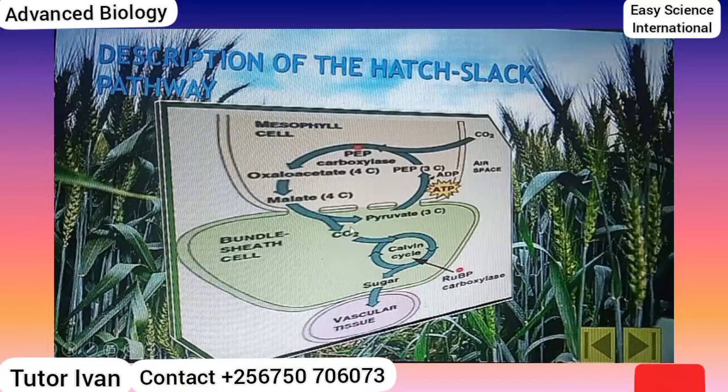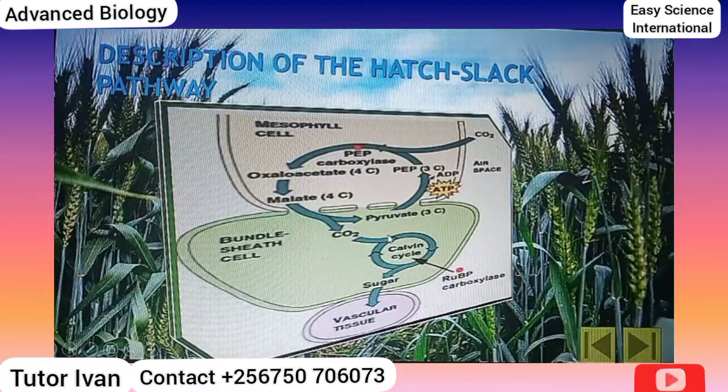The resulting carbon dioxide then enters the normal Calvin cycle. Now, this is the Calvin cycle which occurs normally in C3 plants. We are seeing it in C4 plants occurring in another type of cells known as the bundle sheath cells, or in the bundle sheath chloroplasts.